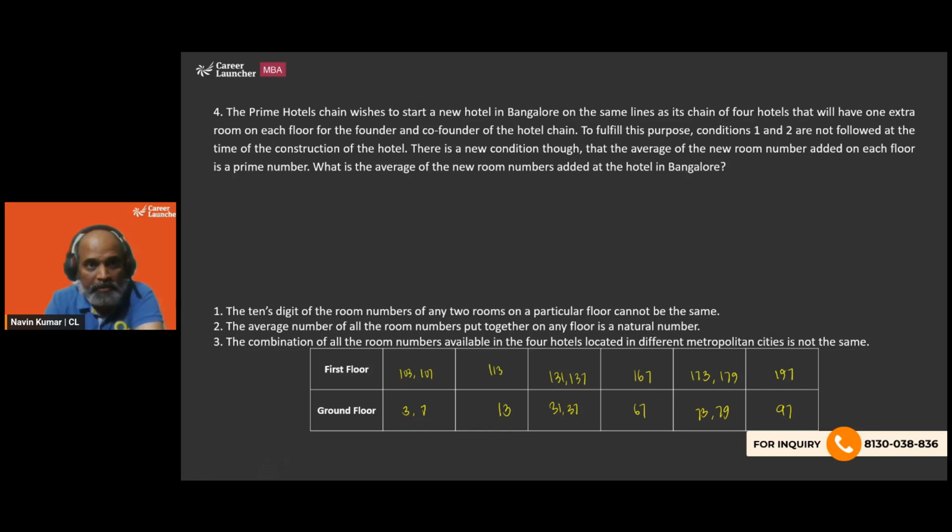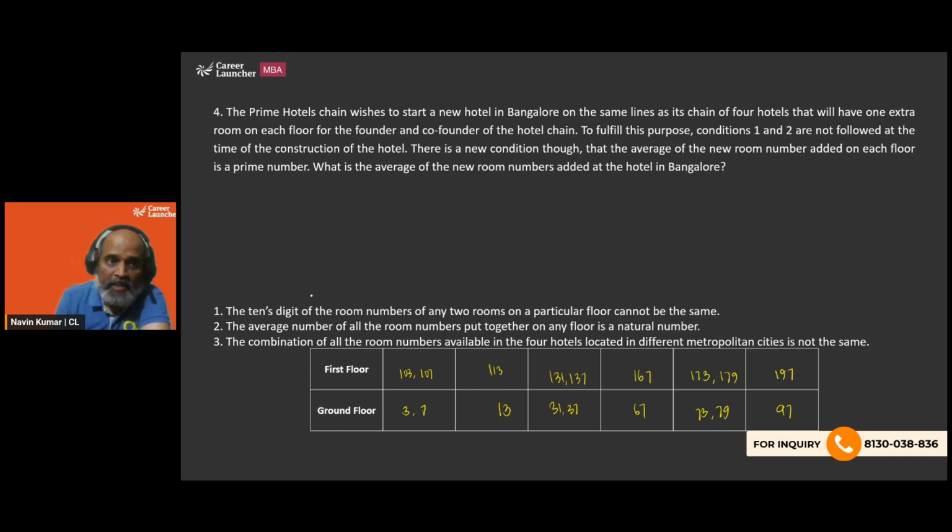The Prime Hotels chain wishes to start a new hotel in Bangalore on the same lines as its chain of 4 hotels that will have one extra room on each floor for the founder and co-founder of the hotel chain. To fulfill this purpose, conditions 1 and 2 are not followed at the time of the construction of the hotel. So what were the 2 conditions?